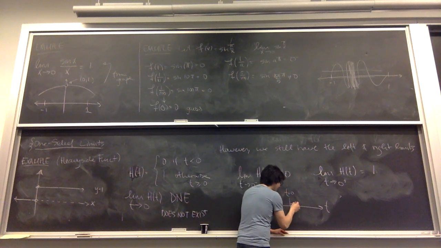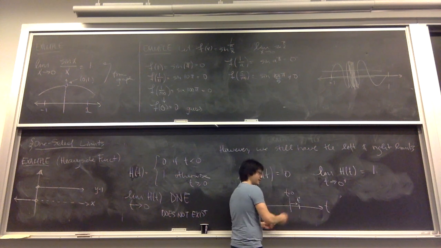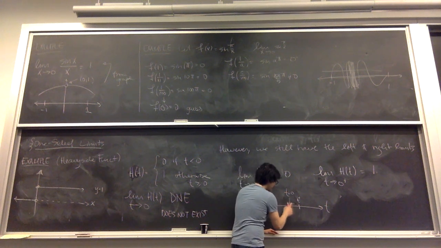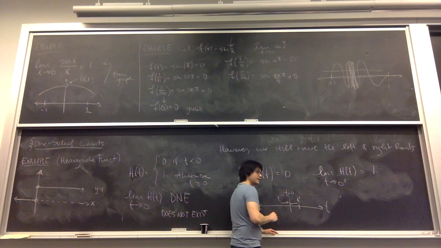If you're bigger than t, this is called t plus, t to the right, right? It's called the right because we're on the number line, and that's right of the number line. If we're approaching t, actually that arrow should be going the other way. If we're approaching t equals 0 from the left, that means we're coming from this side of the real line, the left side. So this is t minus, right?